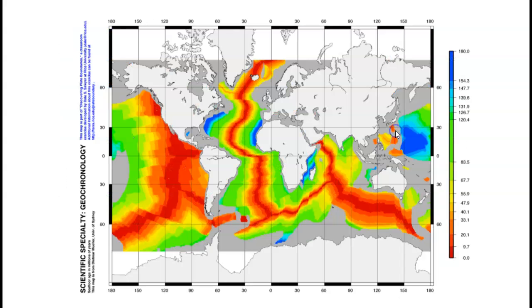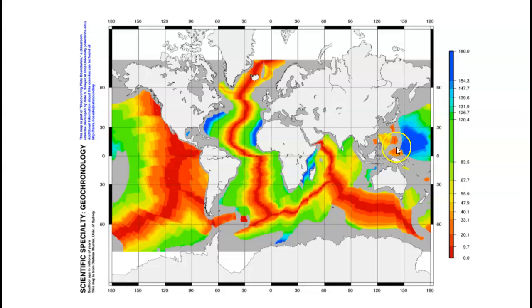On the geochronology map, something so different was noticed here when we compare it to the Mid-Atlantic Ridge, that on one side of our Mariana Trench, we have what looks like blue on here. That really tells us it's old seafloor, 180 million years old.